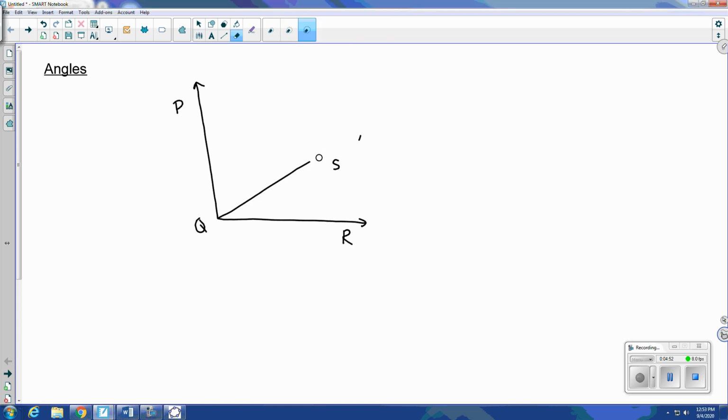Now, if it just so happens that this point S was in a position where it divides this angle into 2 equal subangles, we can call that ray QS the angle bisector.